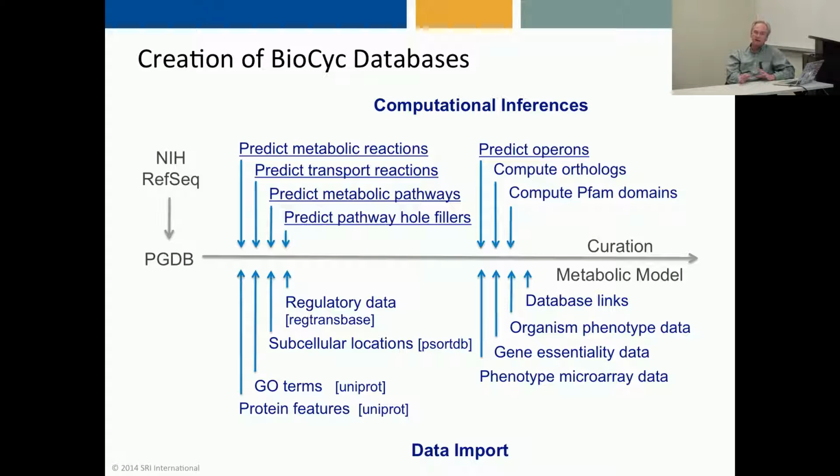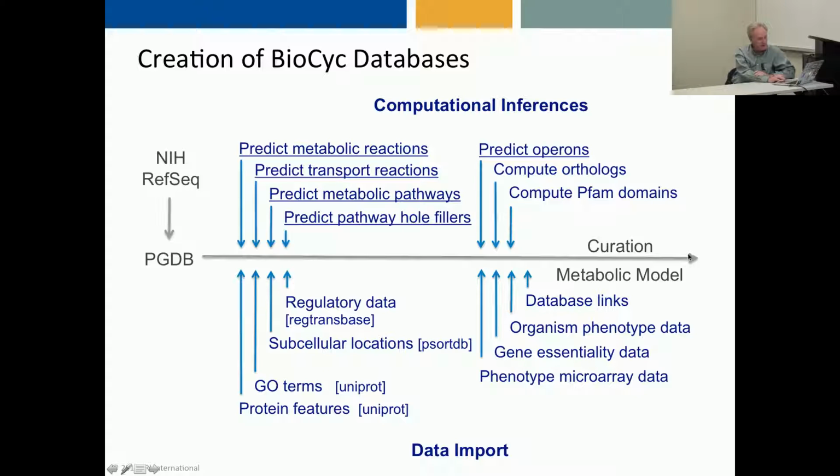It also includes gene essentiality data, because there are more and more large-scale data sets now where people experimentally knock out genes in different organisms and determine if those knockouts are lethal or not. We import those data sets as well. And data called phenotype microarray data, which is more high-throughput data that describes whether these different organisms can grow on all sorts of different chemical conditions. Do they show growth or no growth? So we basically have a pretty automated pipeline for doing all these different things.